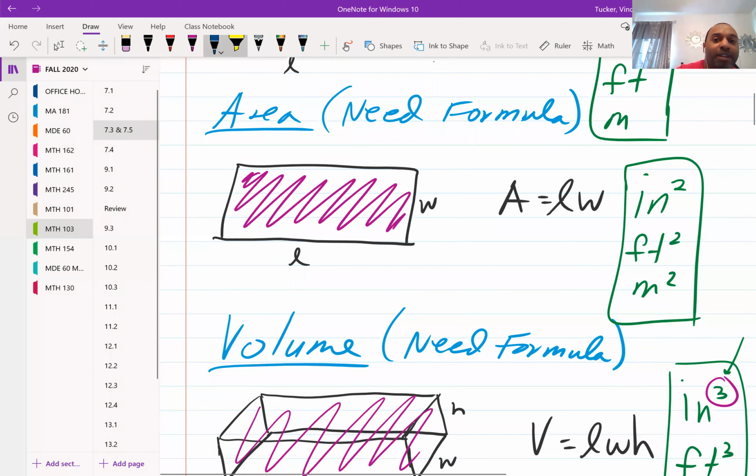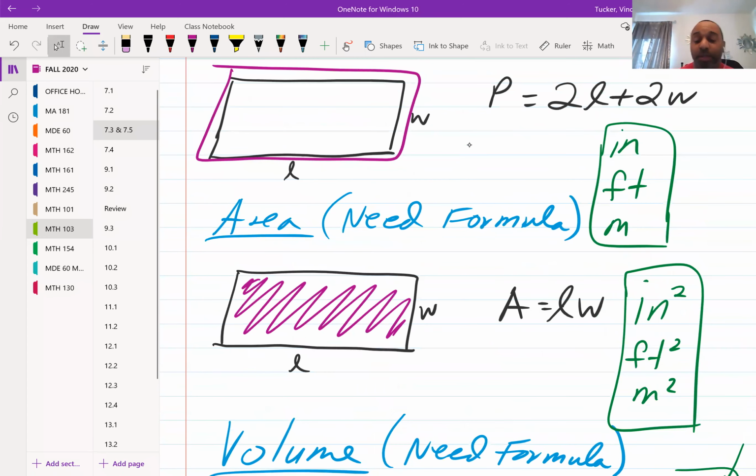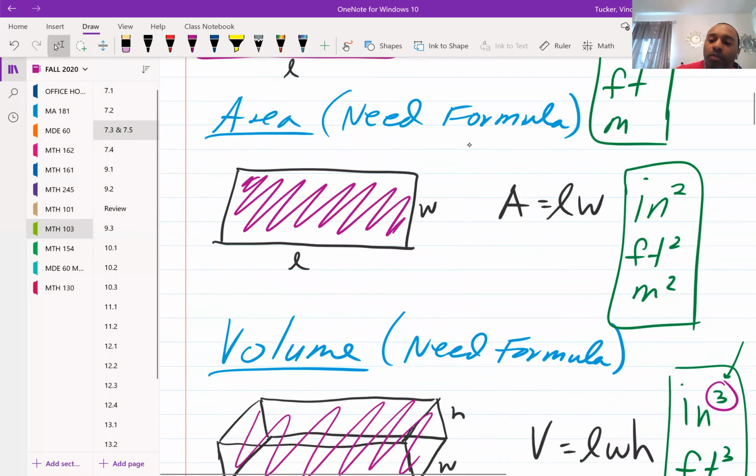Your perimeter will stay in your regular measurement. So if you were in inches, after you calculate your perimeter, it will stay in inches. Once you calculate your area, it will be inches squared or squared inches. And then volume, it will be cubic.